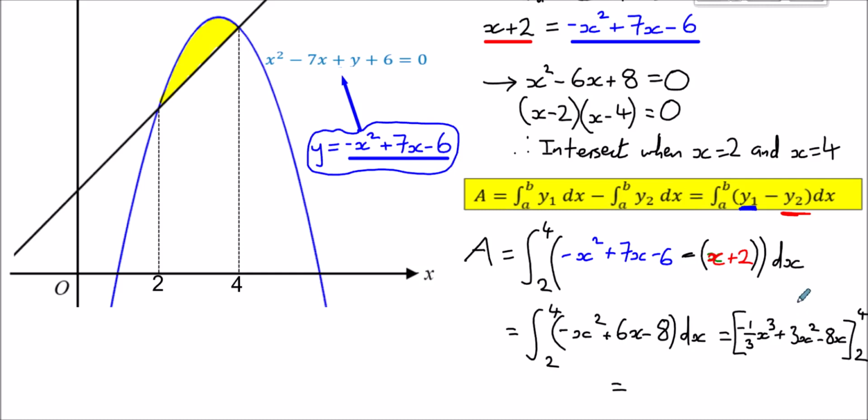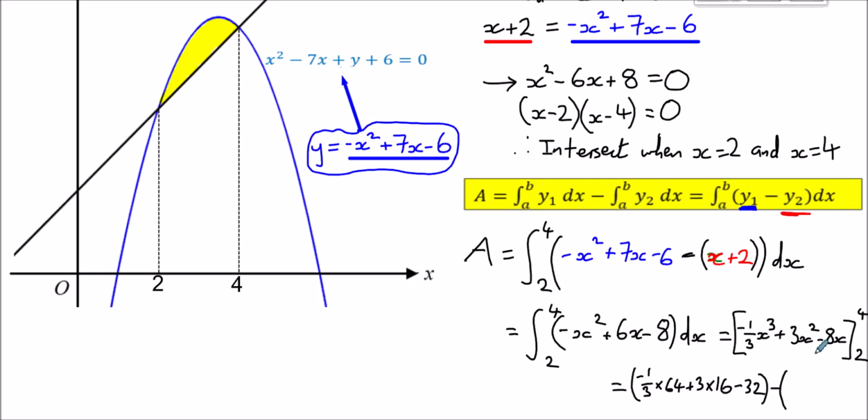So, when x is 4, that gives us minus 1/3 times 64, then plus 3 times 16, because x squared when x is 4 is 16. Then minus 8x, minus 8 times 4, that's minus 32.